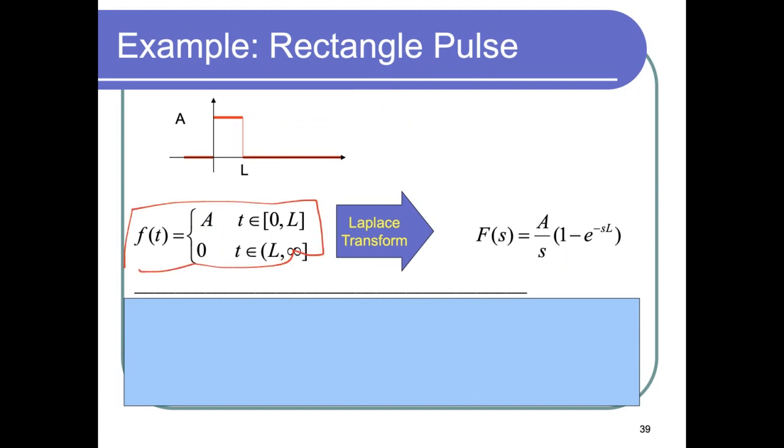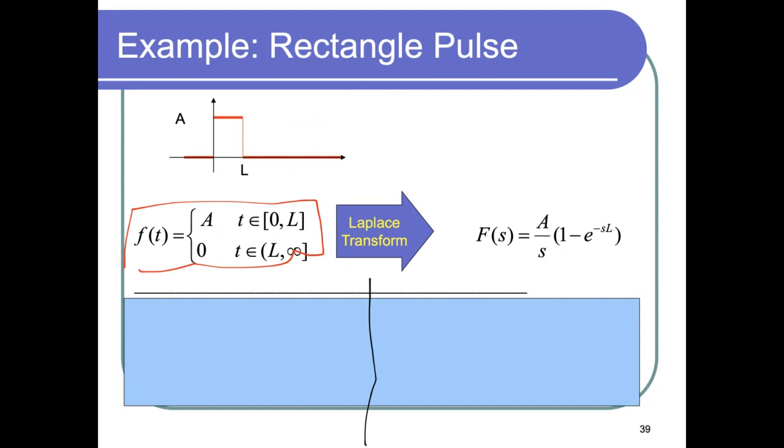We can find its Laplace transform in 2 ways. The first way is just to use the integral directly. The second way is to analyze it and maybe use summation or subtraction of functions.